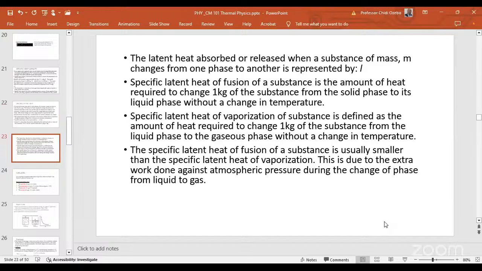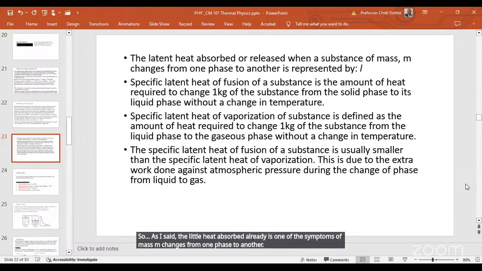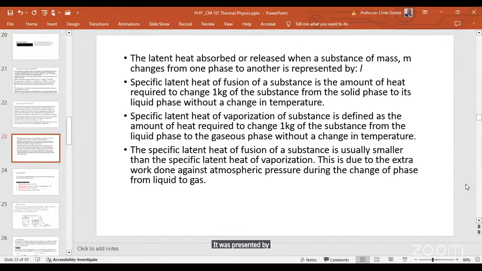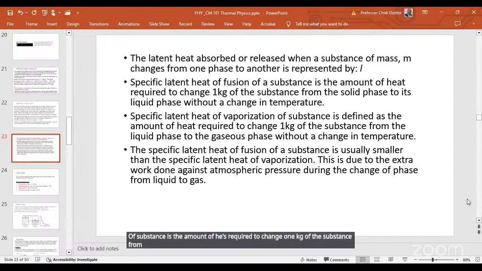As I said, the latent heat absorbed or released when a substance of mass m changes from one phase to another is represented by L. As we have seen, L is Q over m. The latent heat of fusion of a substance is the amount of heat required to change 1 kg of the substance from the solid phase to its liquid state.